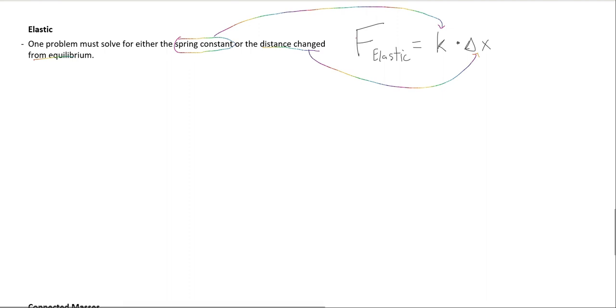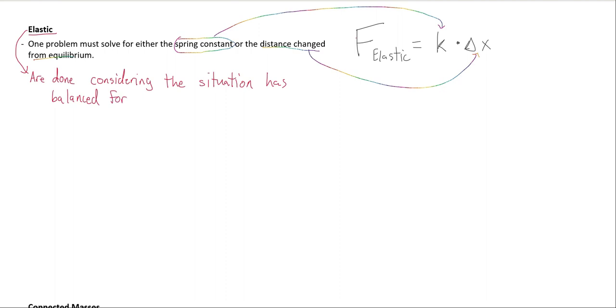One thing for us to consider is that all elastic forces are done considering the situation has balanced forces, or are done in a singular instant of time. That's because if the forces are not balanced, or we're looking at a long range of times, that spring might be changing in how far it's stretched or how far it's squished.